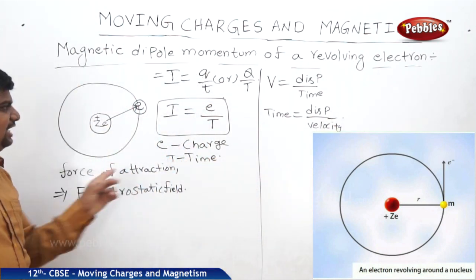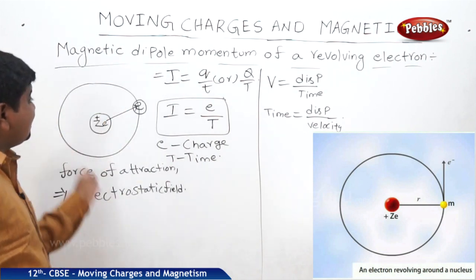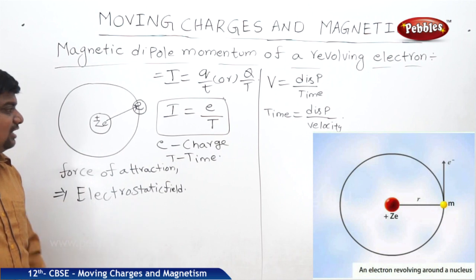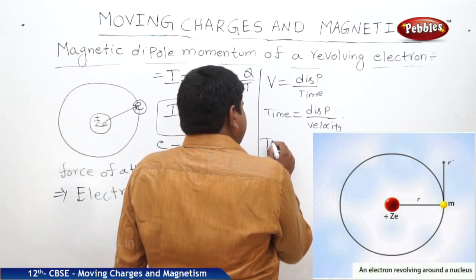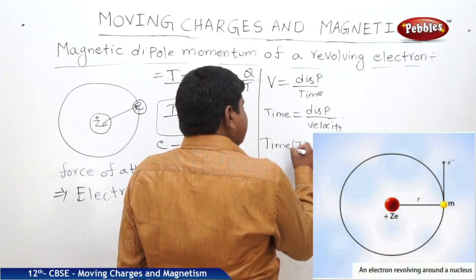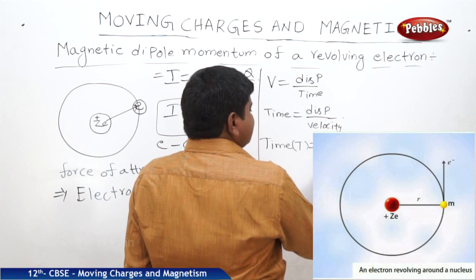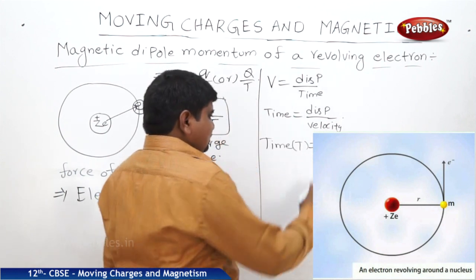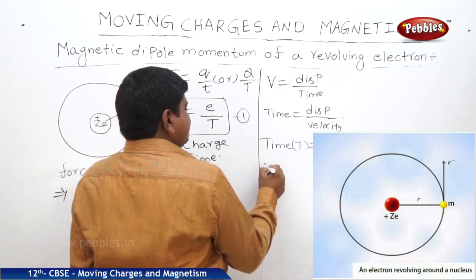So for one complete rotation, what is the total distance traveled by the electron? Nothing but the circumference of the circle, because it is revolving around the circular path. So therefore time T is equal to distance for one complete rotation, 2 pi r, by velocity v. I am substituting this T value in equation 1.